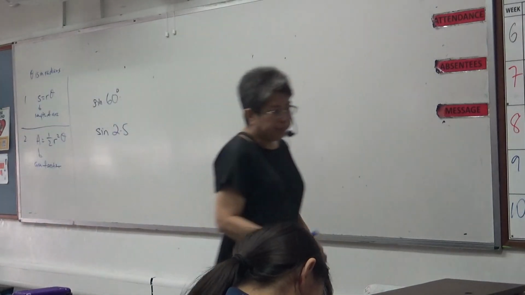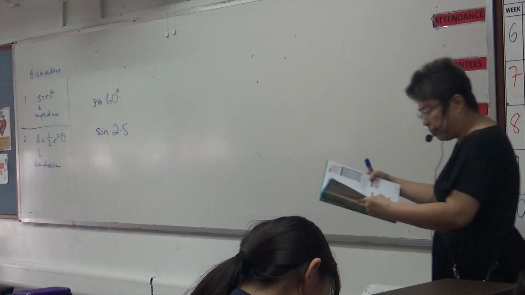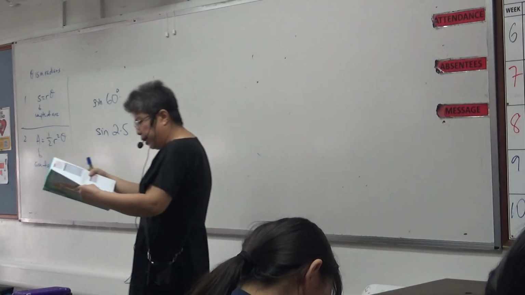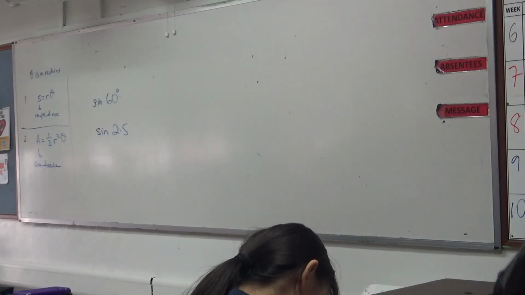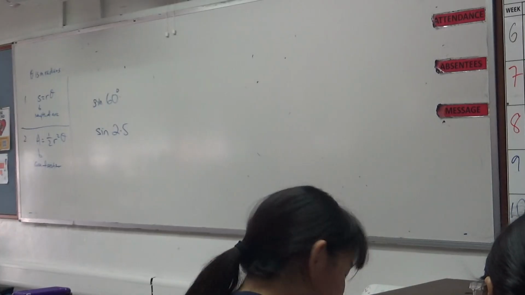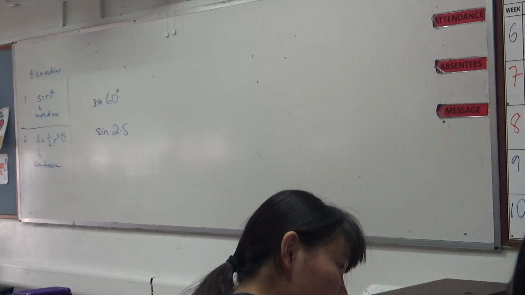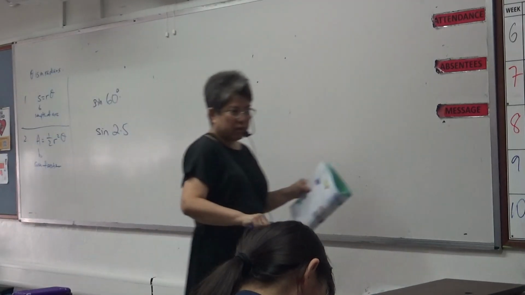Okay, very good. Now, next. You are supposed to use the calculator to find the ratio. So everybody get ready your calculator. Today is a very simple kind of exercise.